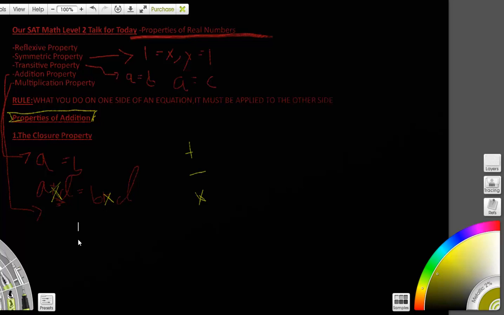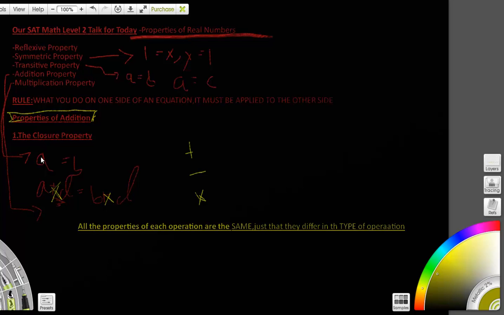It's just that all the properties of each operation are the same, just that they differ in the type of operation.